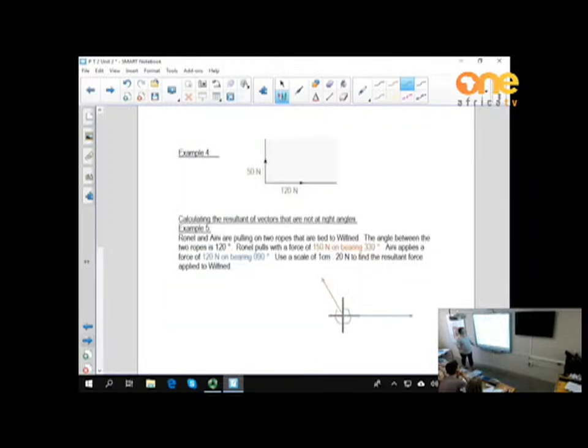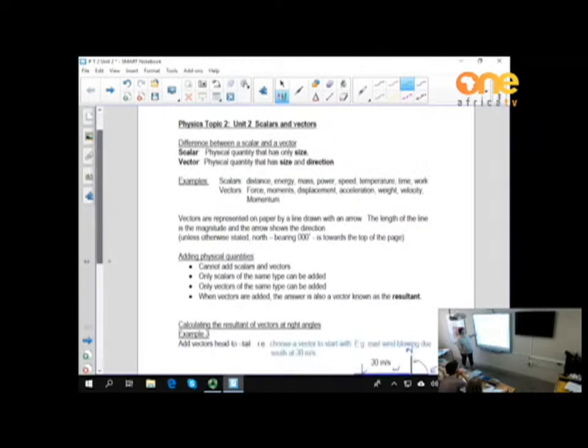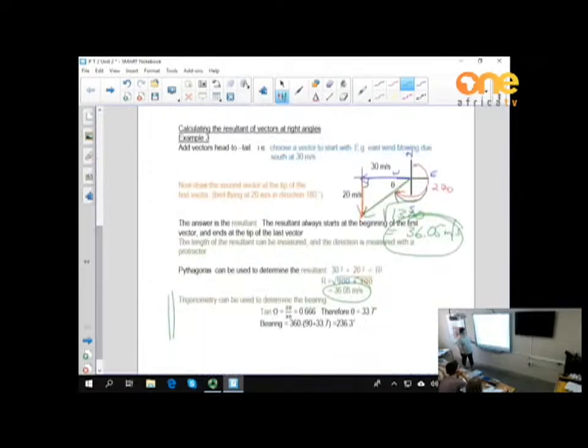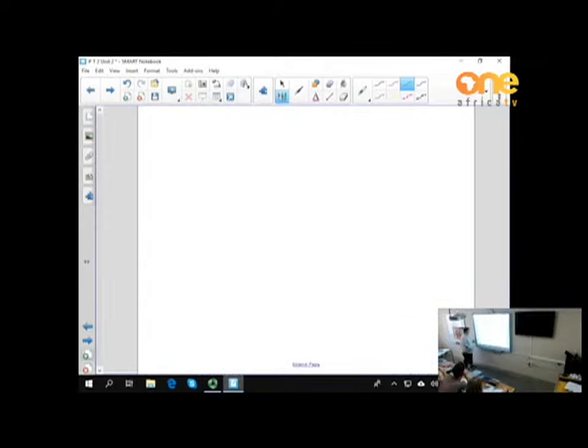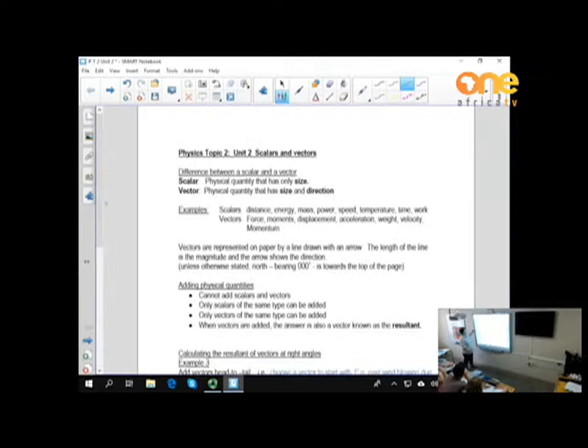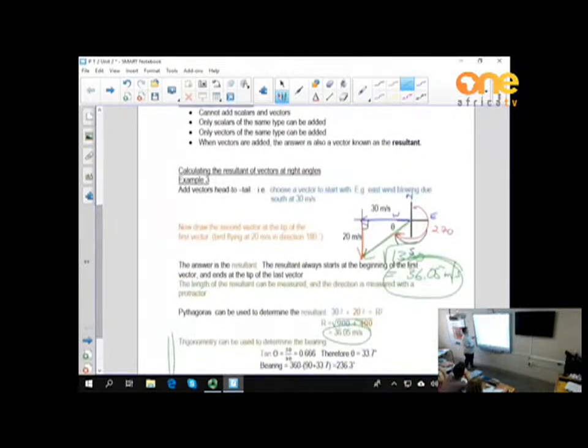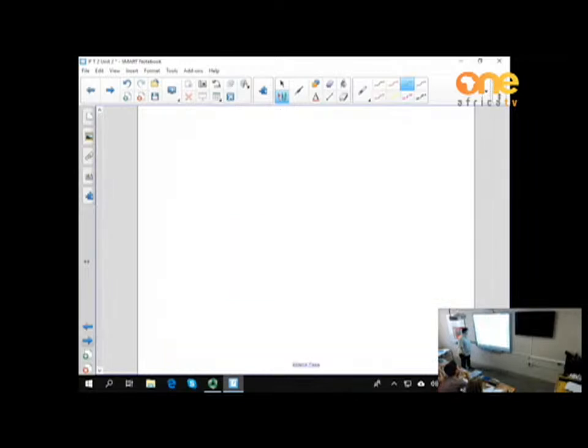But in science, we will more often, I want to add a page there. Goodness me, where's it gone? I just want to get this vector. Okay, if I had two vectors, 30 meters per second and 20 meters per second working in that direction, let's just go to this one.